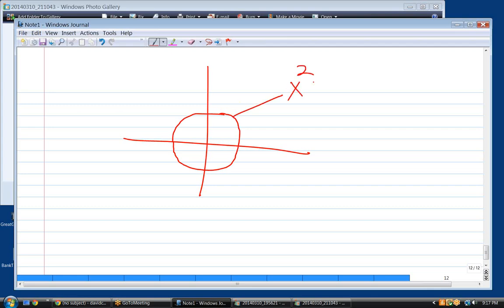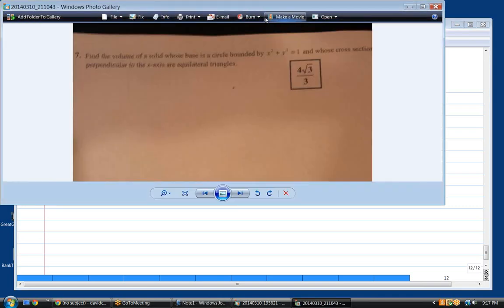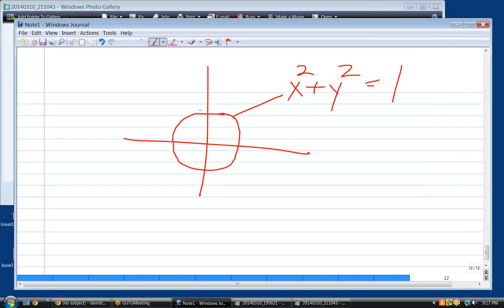Here's our equation. We're going to cover that with equilateral triangles perpendicular to the x-axis, like that.